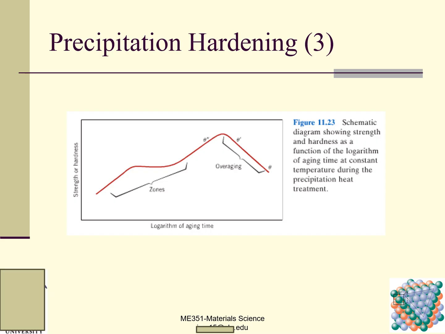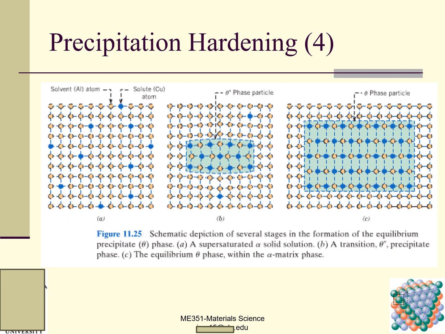Here are the zones, and here is overaging. The theta are precipitation particles. This is solvent and solute. This is a theta phase particle.